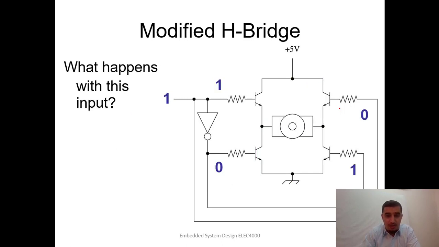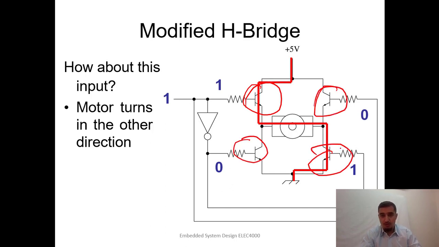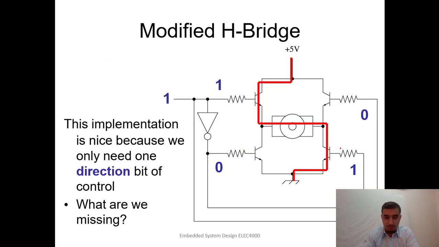And if we put 1, we get the other 2. And here we solve the problem of having a short circuit, because we will never have the case where these two or these two are working together. We will not have that case at all. This implementation is nice because we only need one direction bit of control.